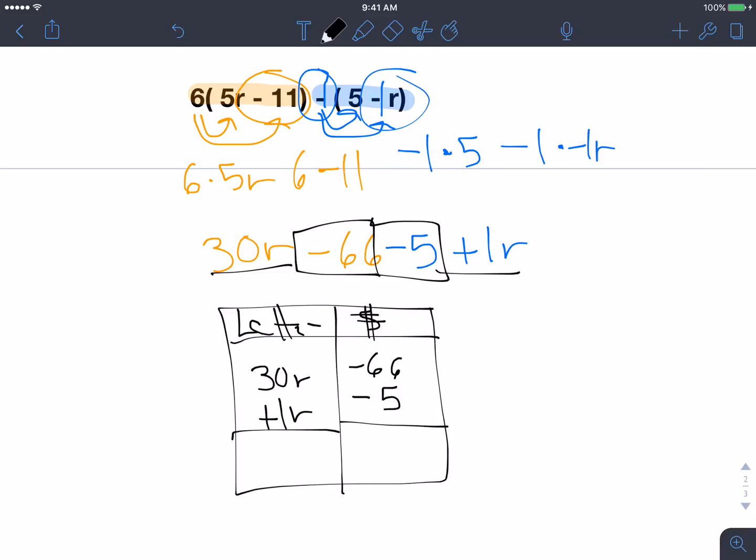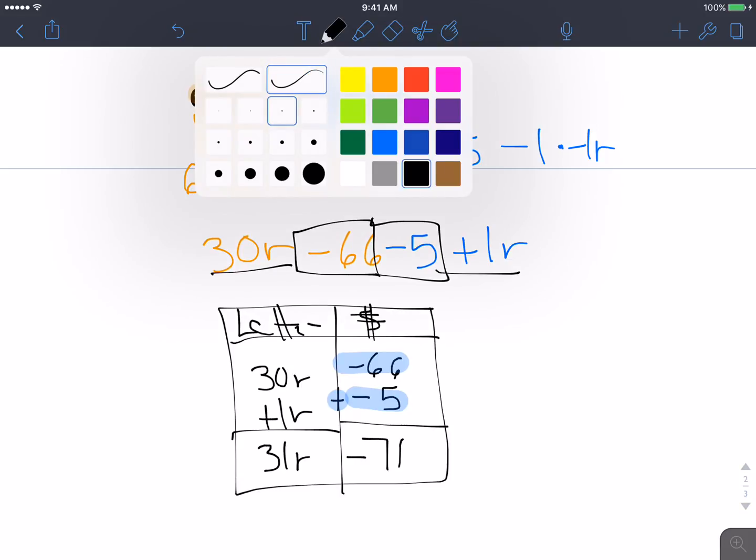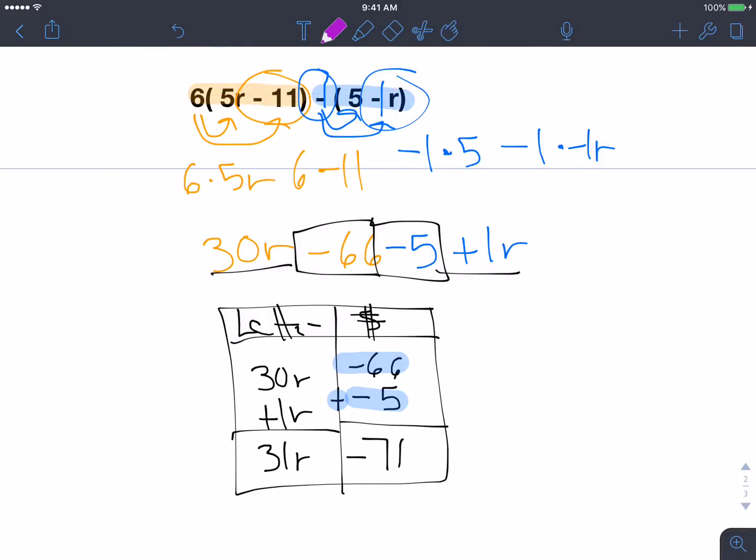I'm going to add them together still. So I get 31R. And this time I have negative 66 plus negative 5. And I'll find that my answer comes out to be negative 71. Again, I have all my terms that I can possibly combine together. So my final answer is 30R minus 71.